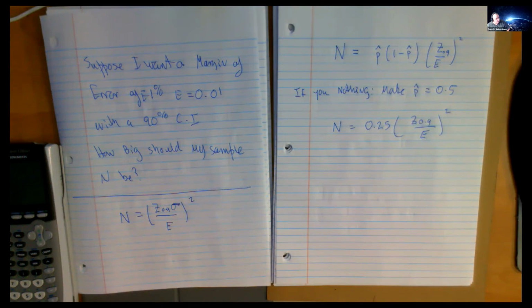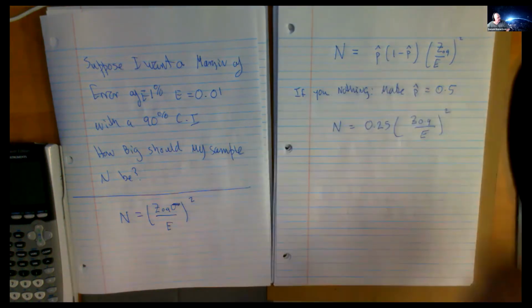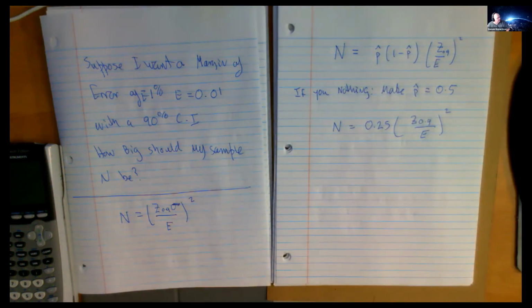So if you don't know anything about the question you're about to ask, right, you have no clues at all, which is probably the most likely thing, you basically pick a number in the middle. Would you agree 0.5 is in the middle? It's not hugely big, it's not hugely small, right? It's not 0.1, it's not 0.99. In the middle, call it 0.5.